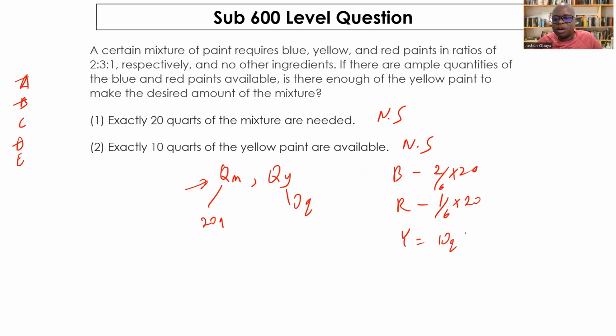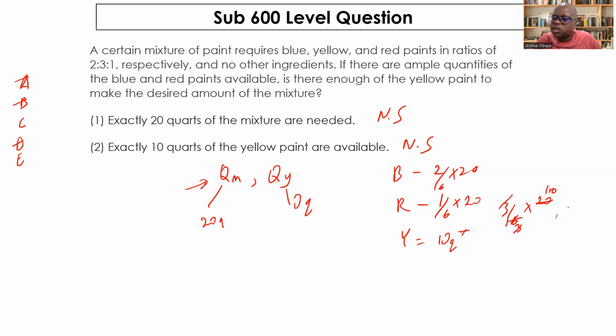And 10 is just half of what it is. Also for the ratios, 3 out of 6 is the proportion of the mixture that forms yellow, because it is 3 out of 6 times 20.